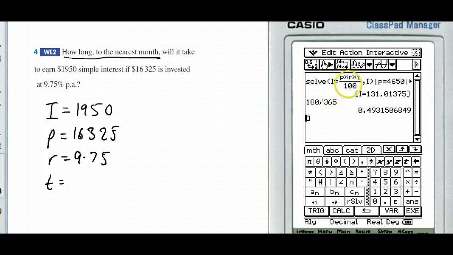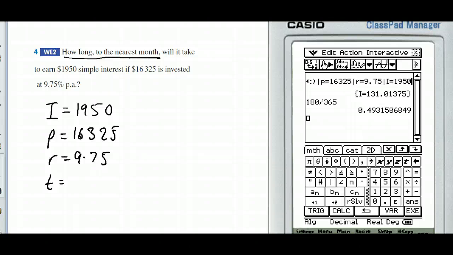Okay, so when we put those values into this equation this time, we're going to have to rearrange things slightly. Instead of finding I, we're going to have to change the I at the end of the equation there to the T. The T is now what we're interested in. And as before, we put in the principal, which is 16,325, and we can put in R. We know R is 9.75, and we don't know T. So we're going to take out T and change that to I equals 1950.